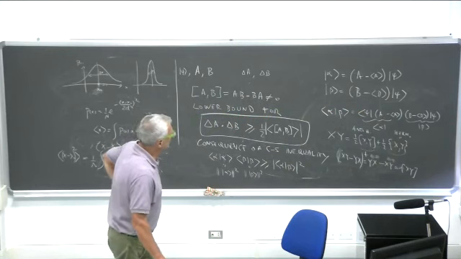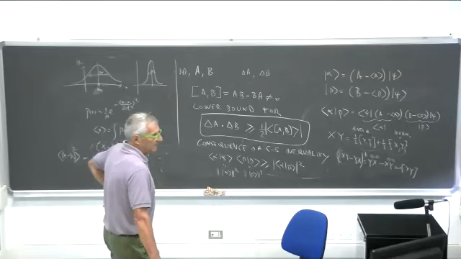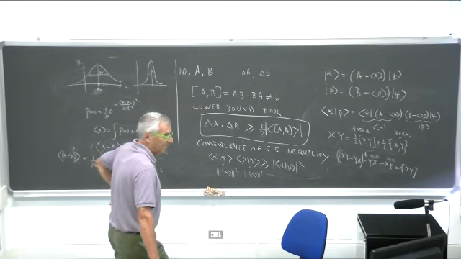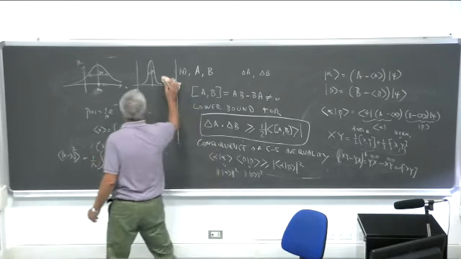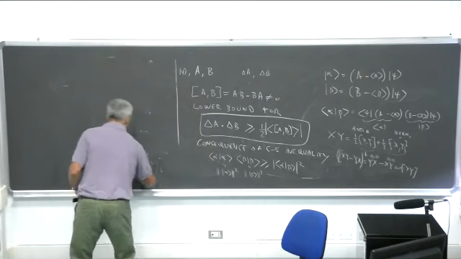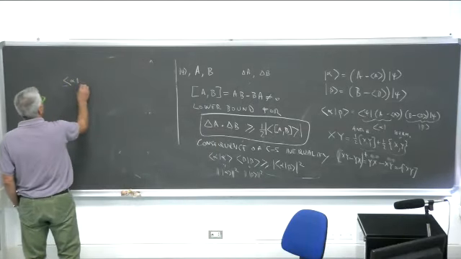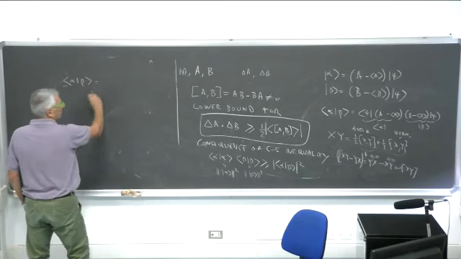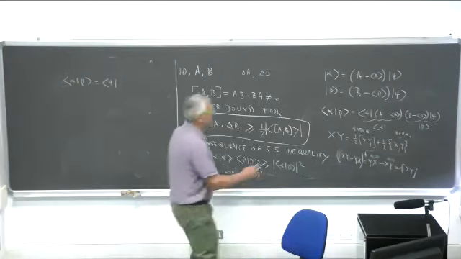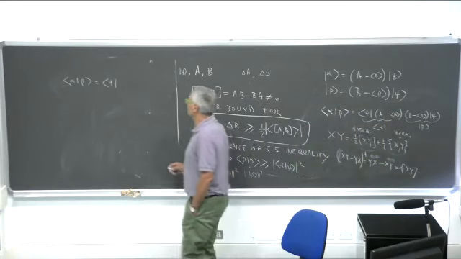Now, the expectation value of a Hermitian operator is real, right? So we have that alpha beta is equal to the expectation value in psi of the commutator plus the anti-commutator.